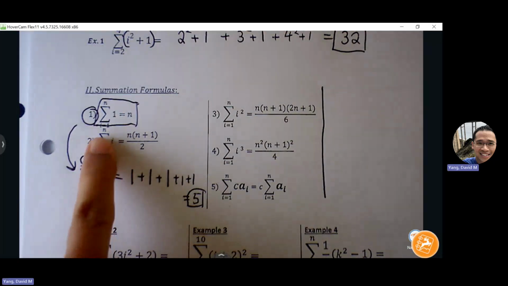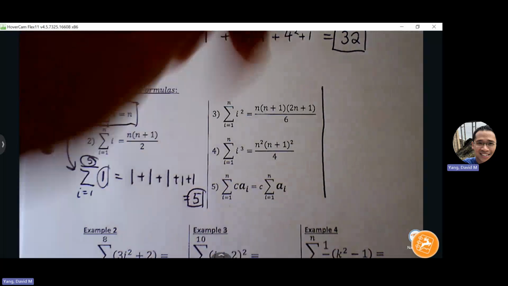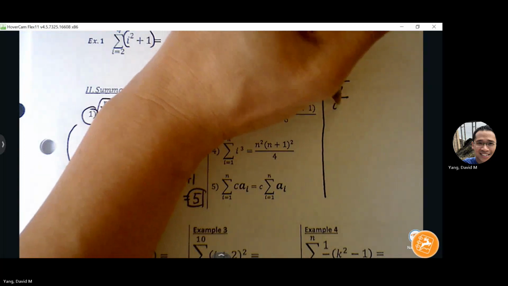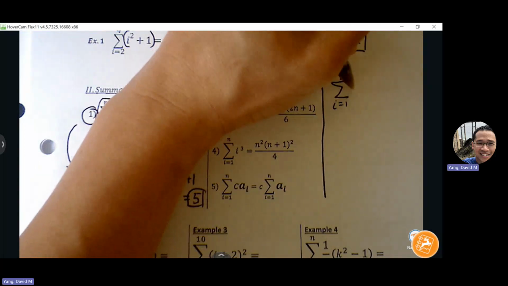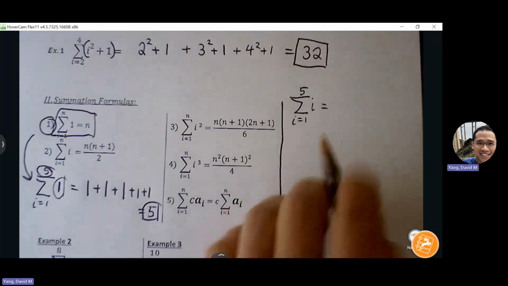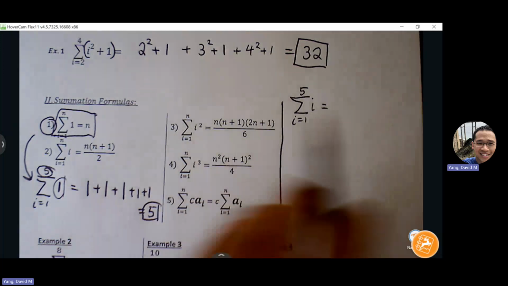Now let's look at the second rule here: summation from 1 to n of i is equal to n times n plus 1 over 2. Let's again choose 5, and let's do one by hand just to see how this rule works.